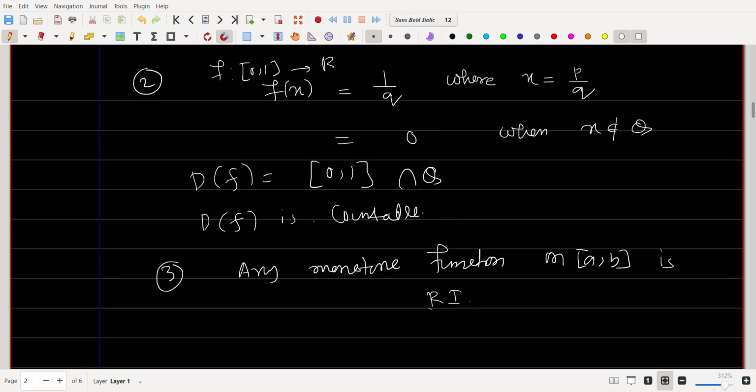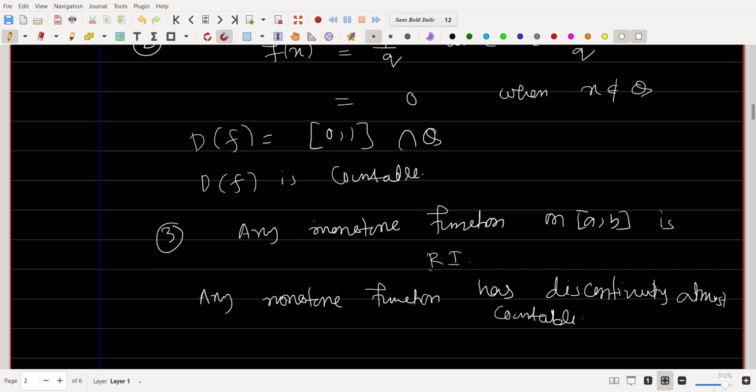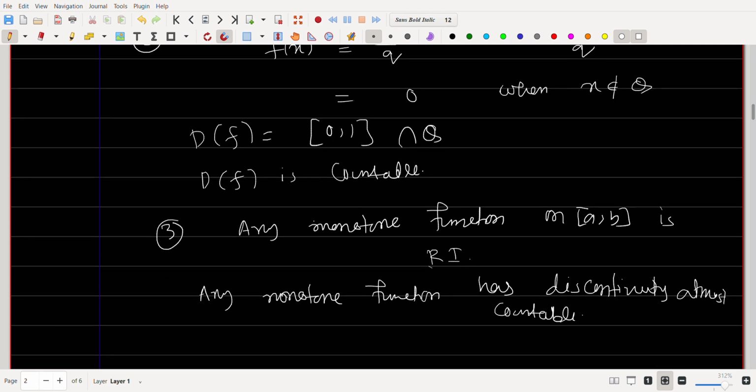You can prove this again the same way, because any monotone function has at most countably many discontinuities. That means the set of discontinuities forms a countable set. So that's why any monotone function is a Riemann integrable function.